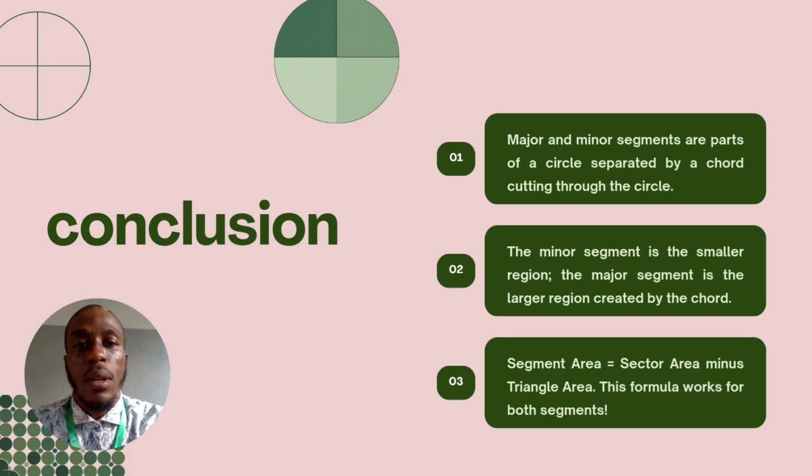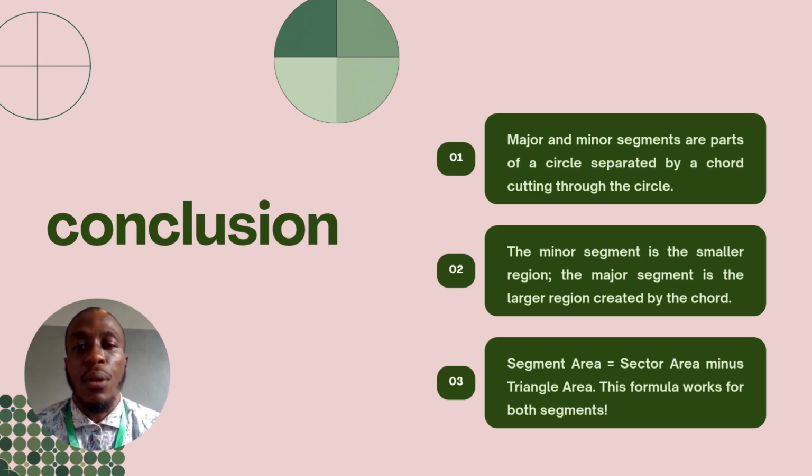So we move into the conclusion. In conclusion, the major and minor segments are parts of a circle separated by a chord cutting through the circle. Remember that the minor segment is the smaller region and the major segment is the larger region, separated by a chord. That chord is a line that cuts across from one part of the circle to the other side. We also calculated the area of the segment, which is the area of the sector minus the area of the triangle.